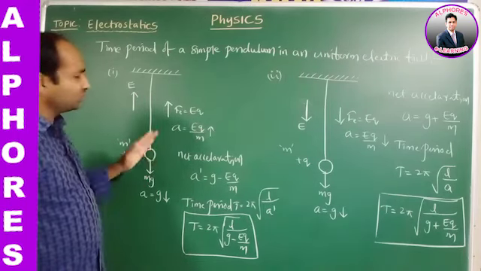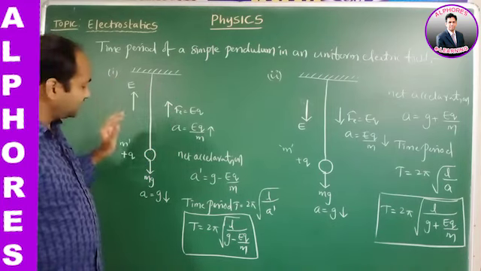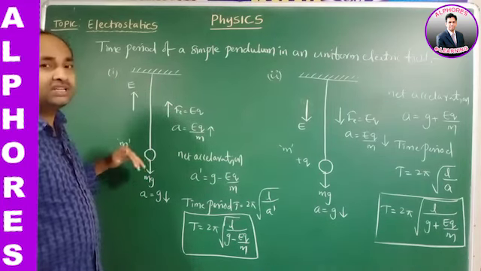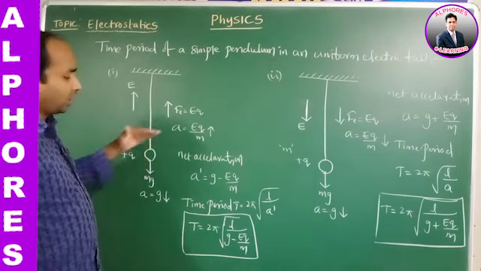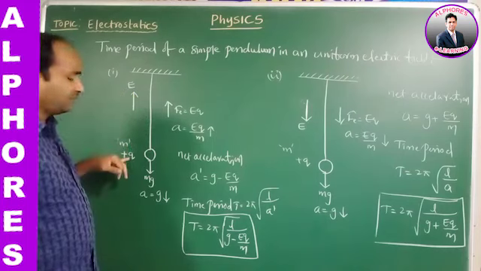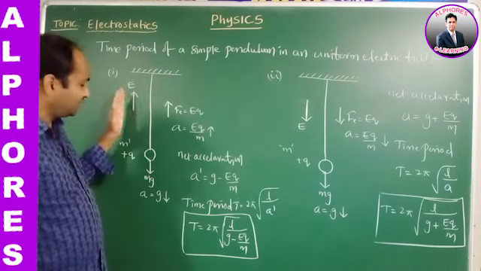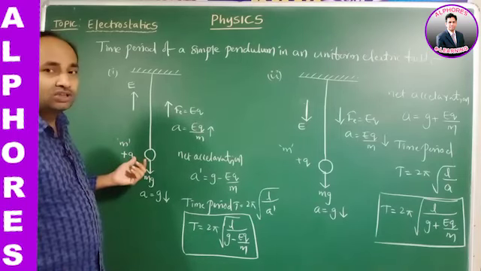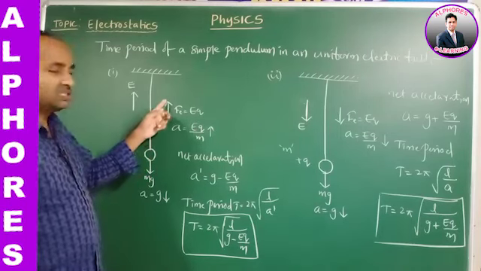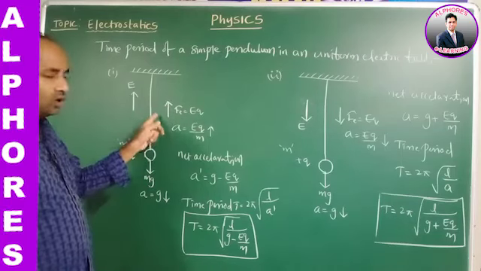So in the first case, instead of a positive charge, if it is negative, what happens to the time period? Electric field upwards, charge to the sphere is negative. Then what is the direction of force? Opposite to the electric field, means downwards.